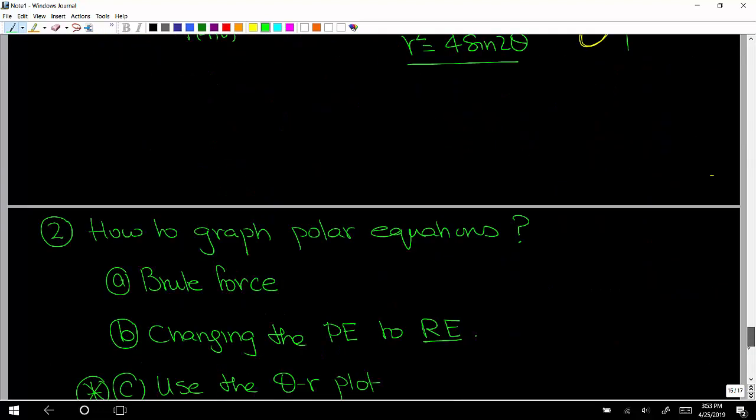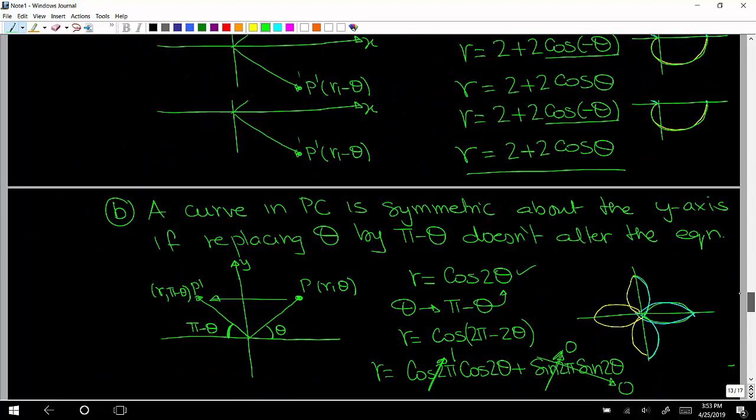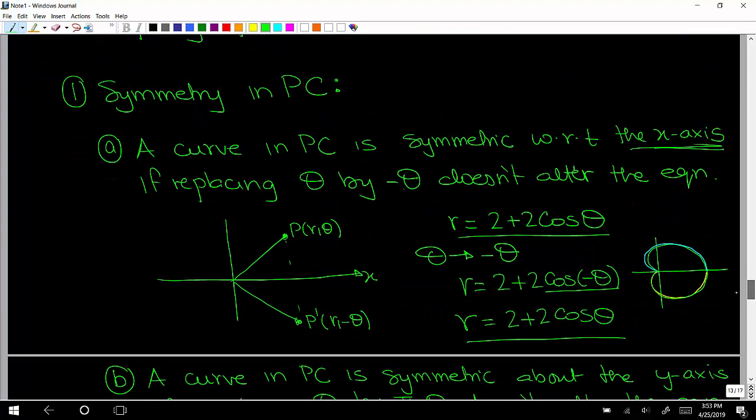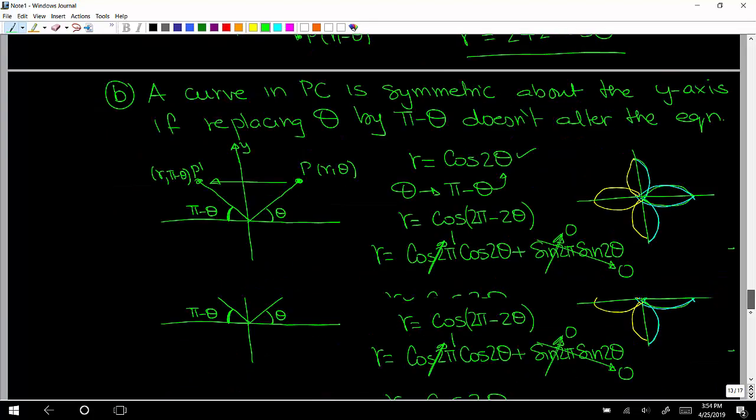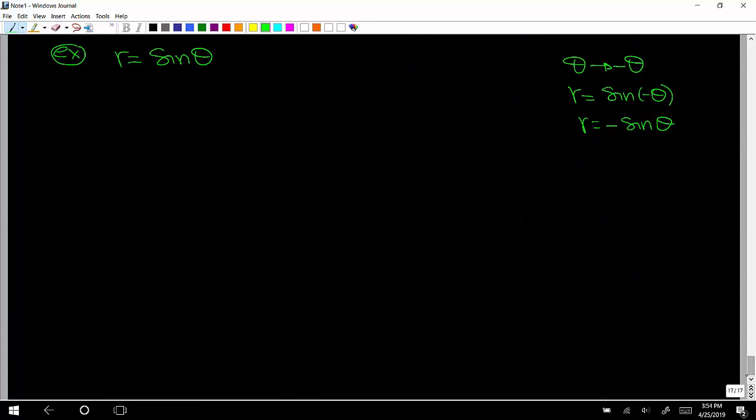That's what we just did here. We changed theta to minus theta, so we talk about symmetric about the x-axis, which it isn't. The next thing I can try is change theta to pi minus theta and see what happens. So we get sine of pi minus theta.